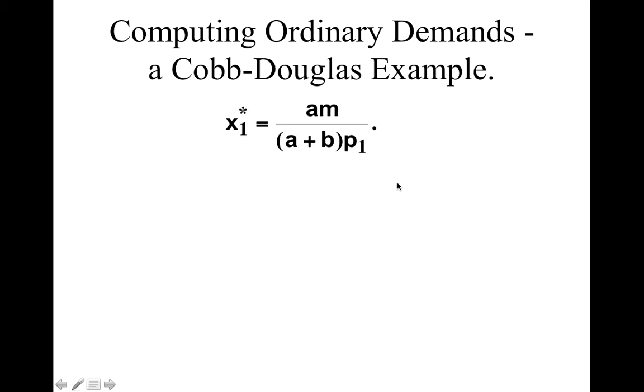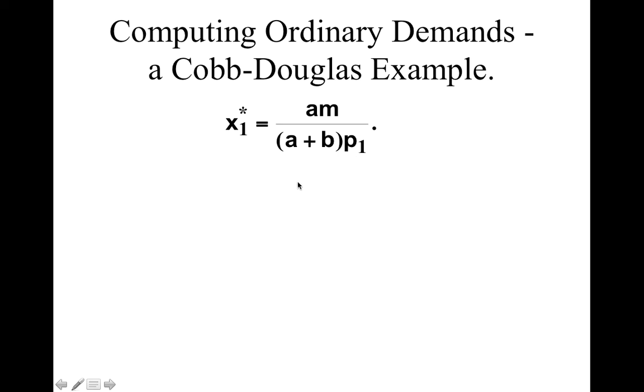So it turns out, after simple algebra, x1 star is equal to a, which is the expenditure share on x1, divided by the total of the expenditure shares, which is usually going to be 1, divided by p1.